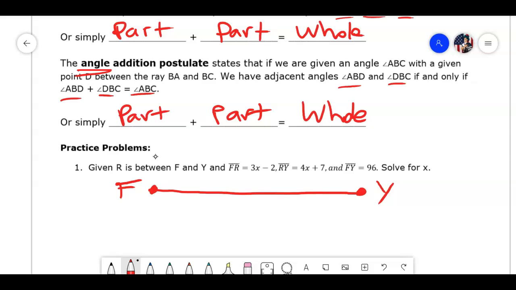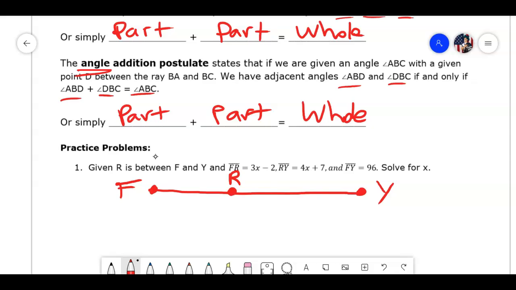Good question. So here's the deal. When it says between, that does not always mean exactly in the middle, okay? If it wanted to be in the middle, they would have said midpoint, okay? So what you can do, you can put a little bit off center. Doesn't need to be perfect, okay? That's your R. R is between FY. You got to be able to draw stuff like that, okay?